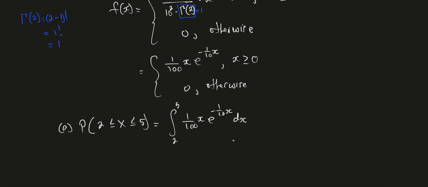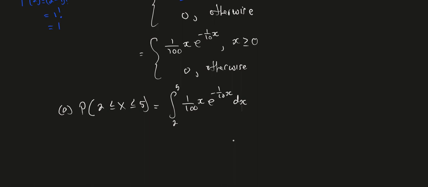For this particular example, I'm going to go ahead and use my table. I like using the table form when I have a polynomial times an exponential. I choose my u and dv the same way that I do normally, I'm just going to do it in a slightly more efficient way.